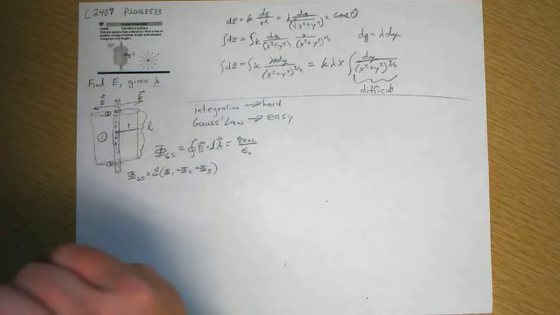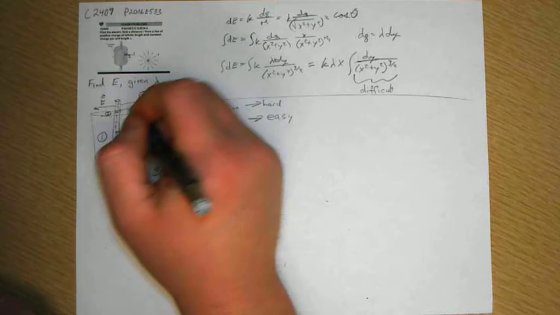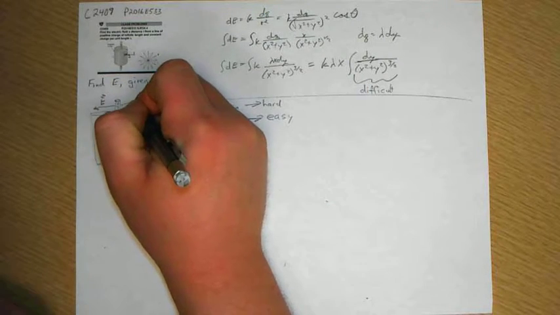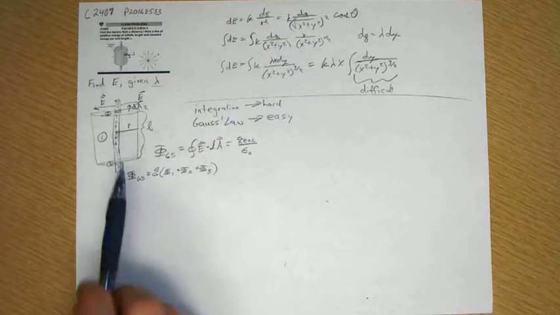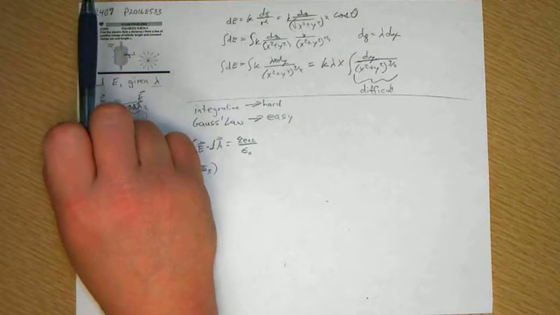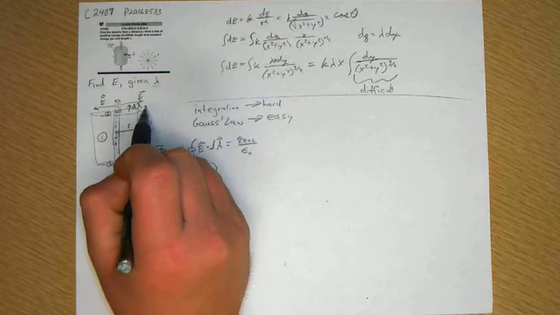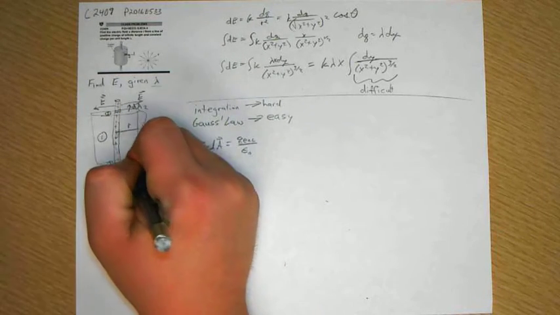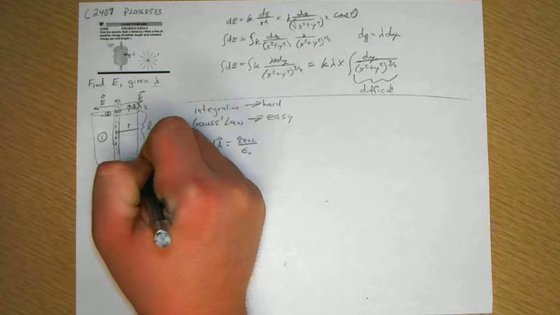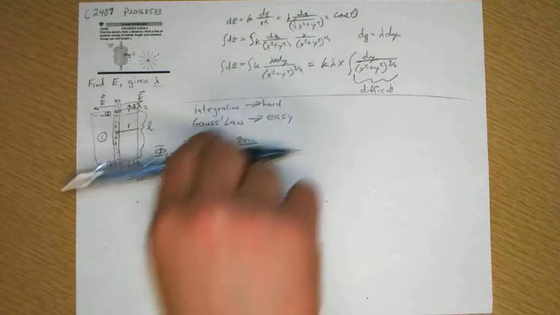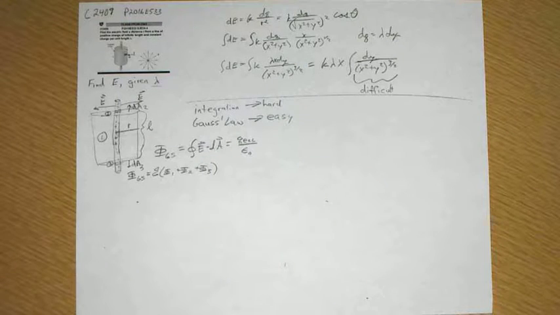Where does the vector that defines the Gaussian surface, at least through 2, point? Well, I'll call this dA2. It points outward from that surface, which is perpendicular to the electric field E. Same thing down here. dA3 points downward, which is perpendicular to the electric field pointing outward from this line of charge.